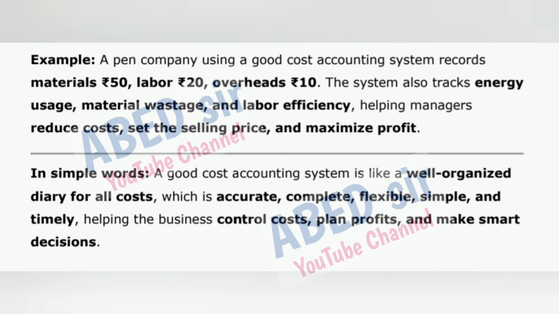The system also tracks energy usage, material wastage, and labor efficiency, helping managers reduce costs, set the selling price, and maximize profit. In simple words, a good cost accounting system is like a well-organized diary for all costs, which is accurate, complete, flexible, simple, and timely, helping the business control costs, plan profits, and make smart decisions.